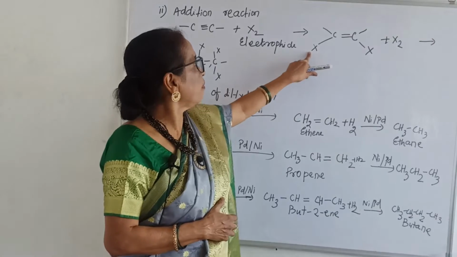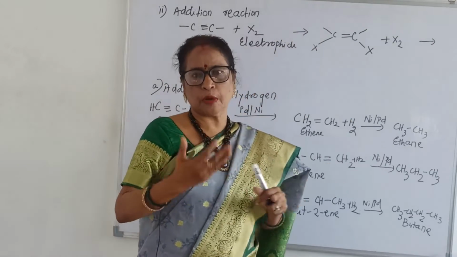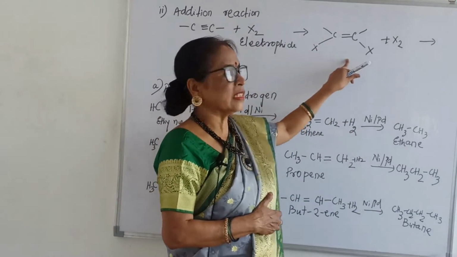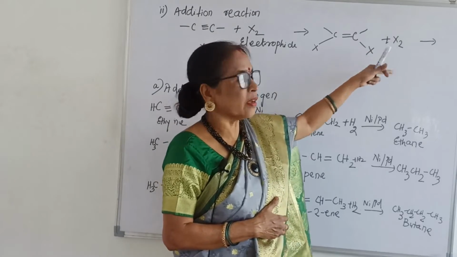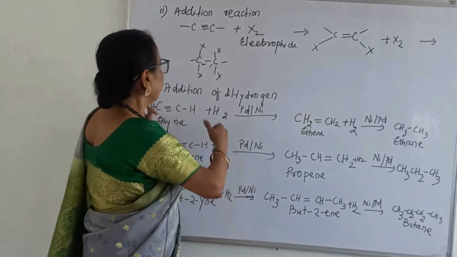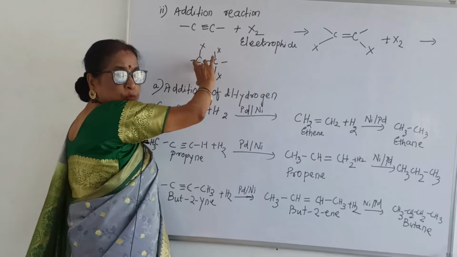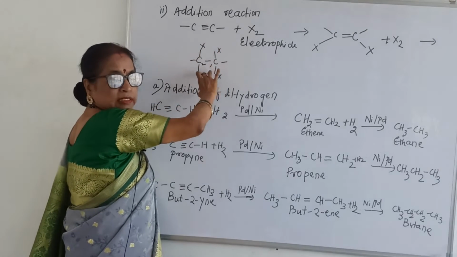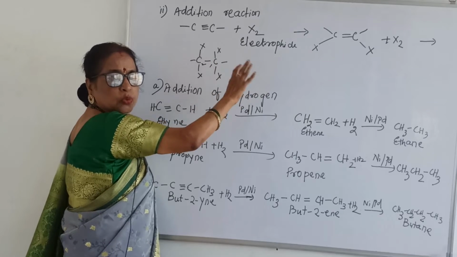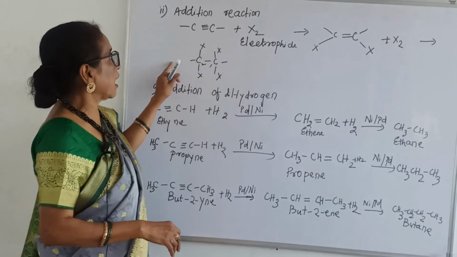Then in the first step, the triple bond changes to a double bond and X is attached, and here plus X2 again reacts. You can see here in one position two X are attached, in the other position two X are attached. That means a 1,1,2,2 tetra derivative of alkyne is produced.